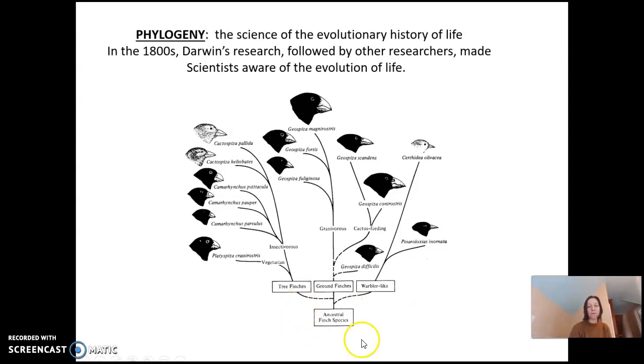And we might start out with an ancestral species. Here we're looking at finches. Okay, a species long ago, and a population is a group of organisms of the same species. So imagine a population of one species of finches. Well, over time, some might go into trees, some might stay on the ground, and some might develop a certain type of call, warbler-like, or body shape.